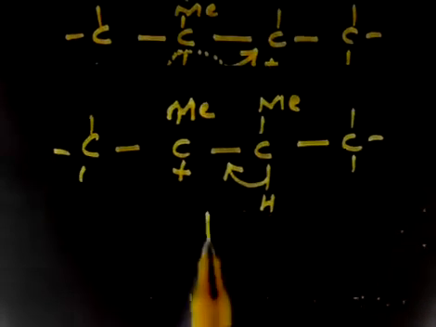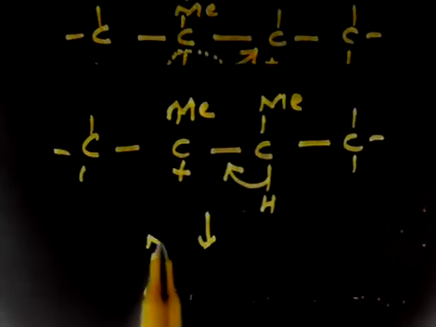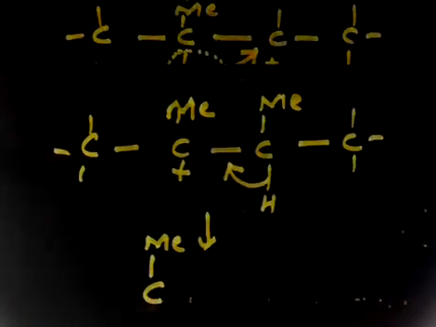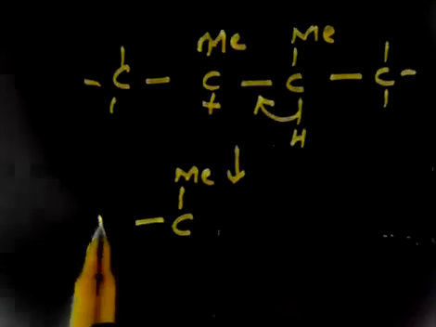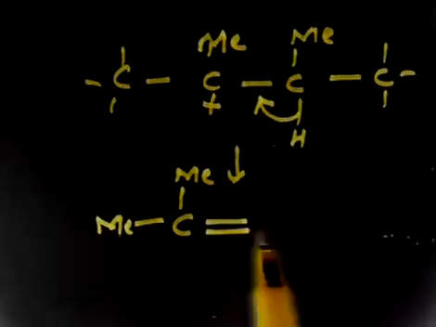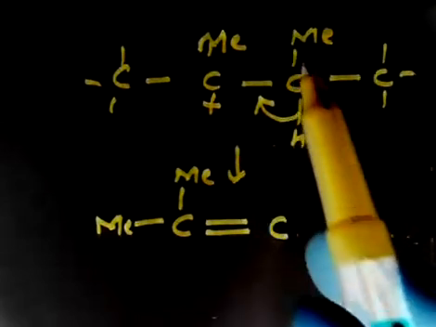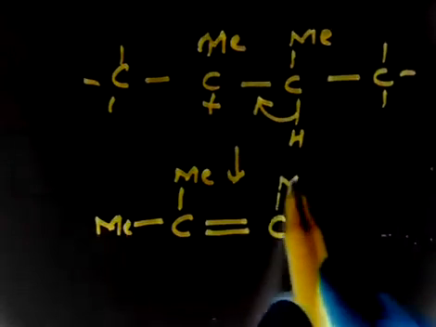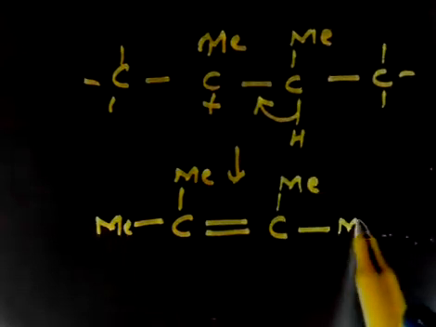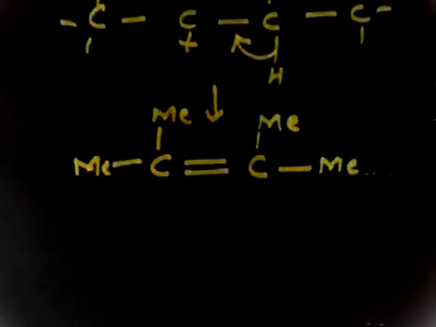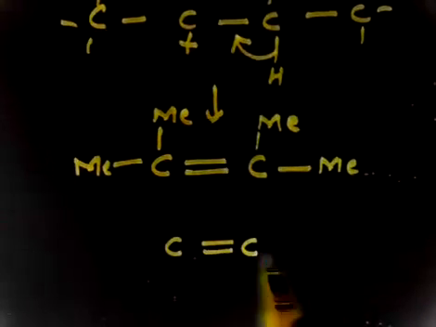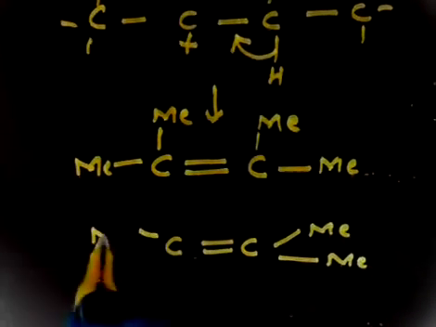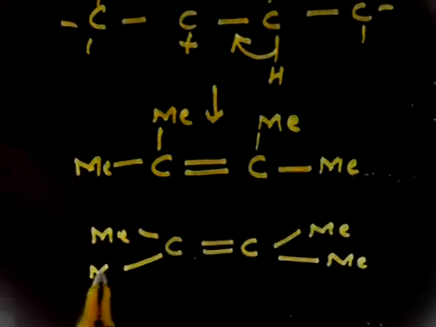So you will have C with a Me, and this side CH3, that is again Me. And now there will be a double bond, and then you will have C, and this carbon will also contain one Me this side, another Me this side, so two Me groups. So finally the product will be C double bond C with Me, Me, that is tetramethylethylene.